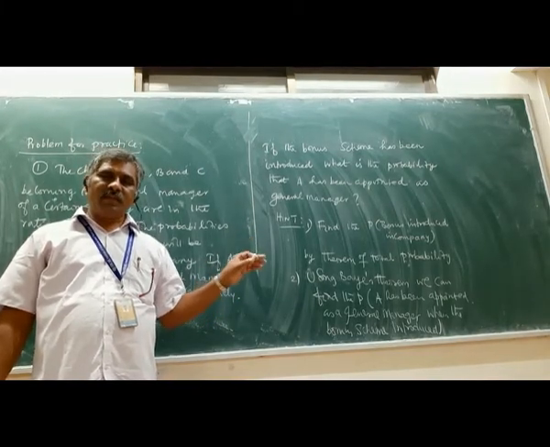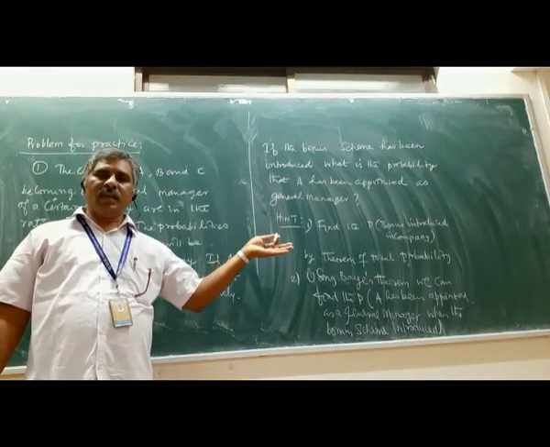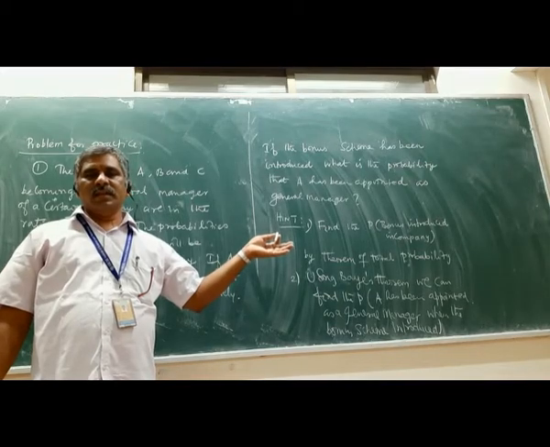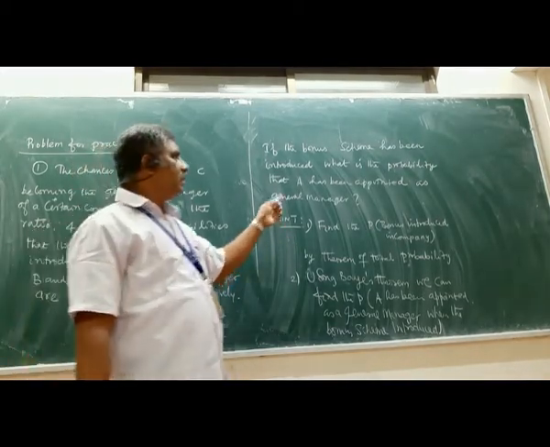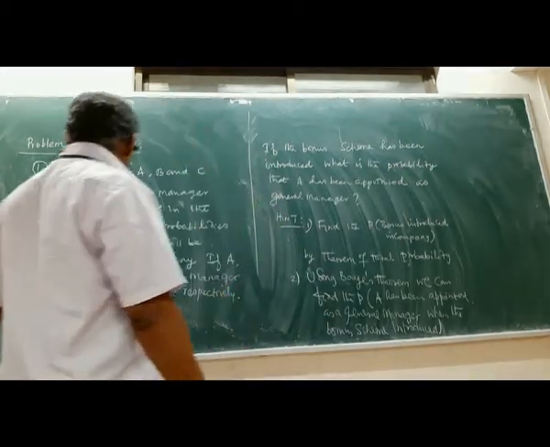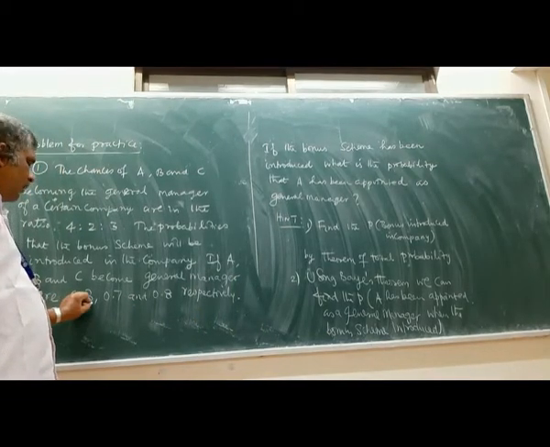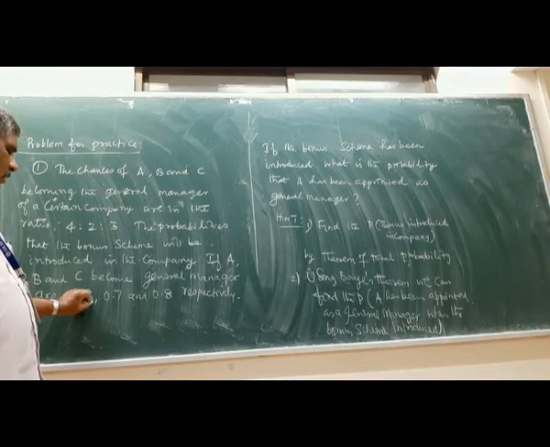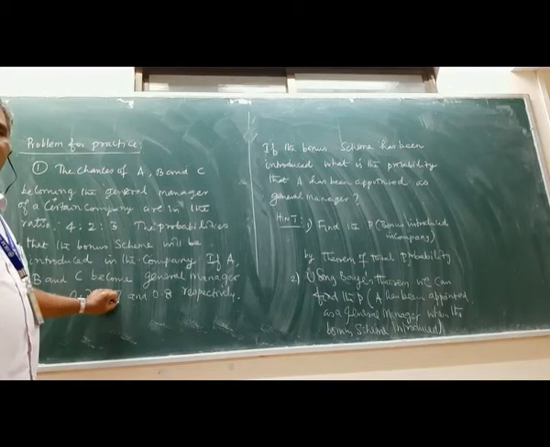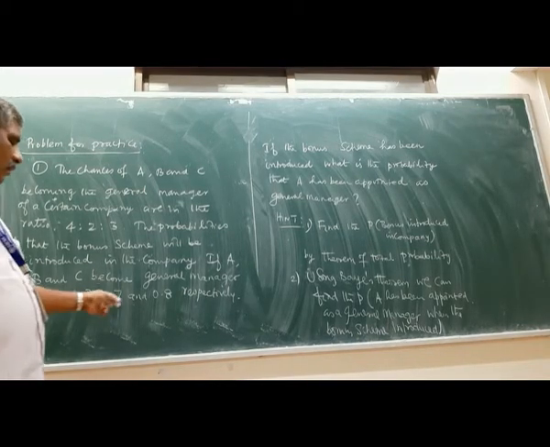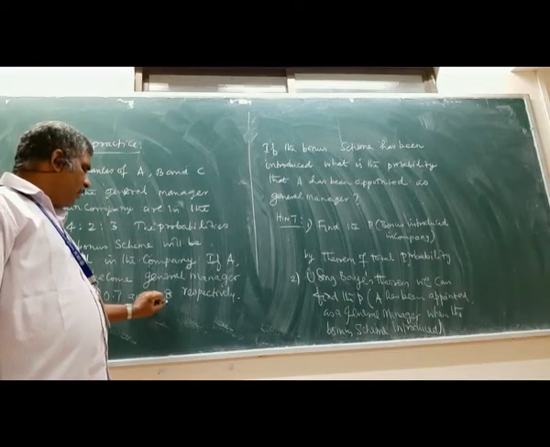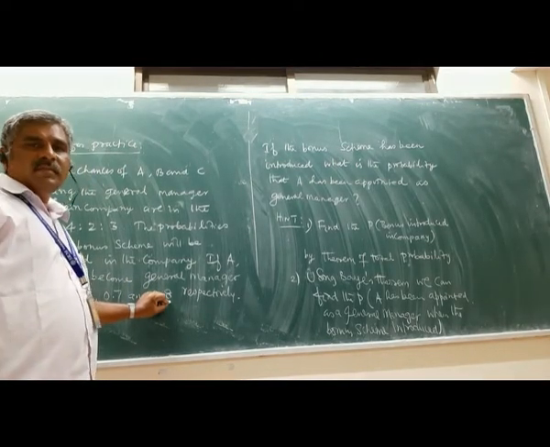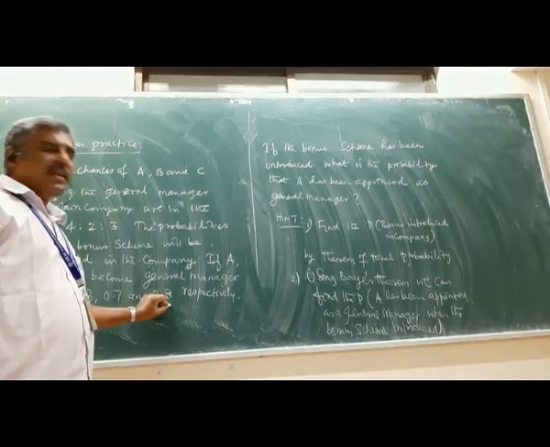The bonus scheme will be introduced in the company when A is appointed as general manager: 0.3. When B becomes the general manager, 0.7. When C becomes the general manager, the bonus scheme will be introduced with 0.8.